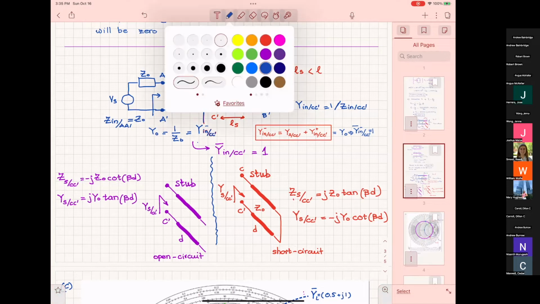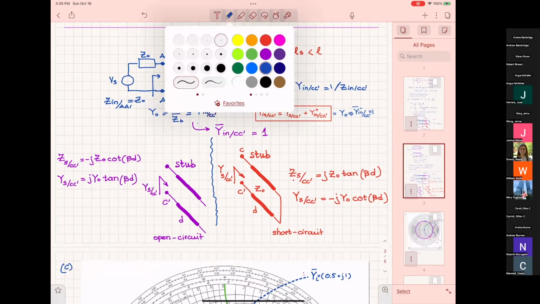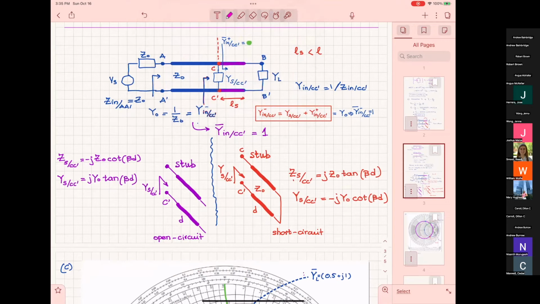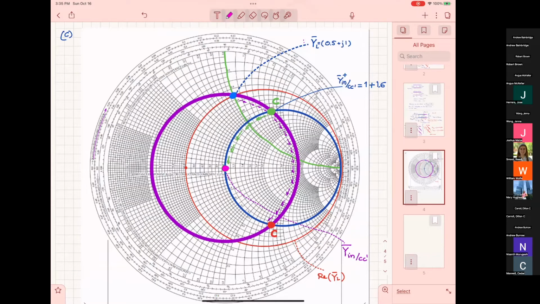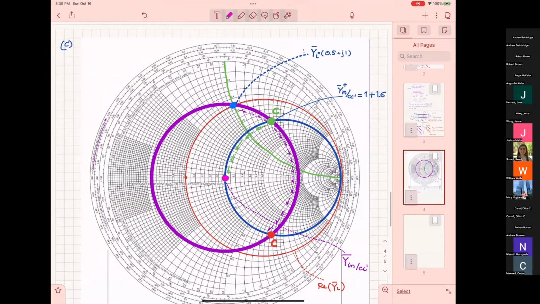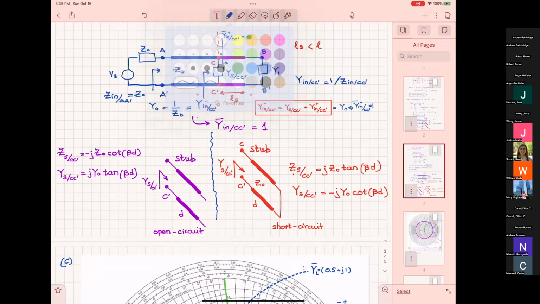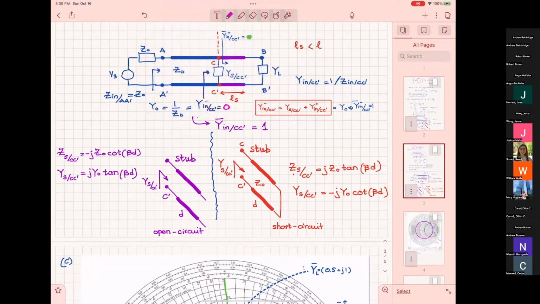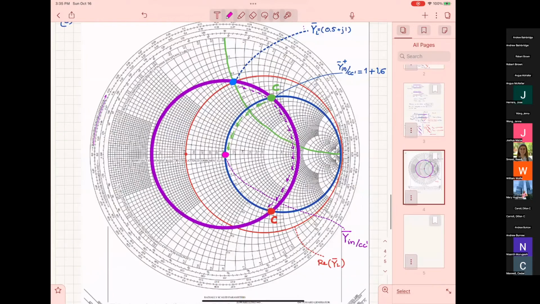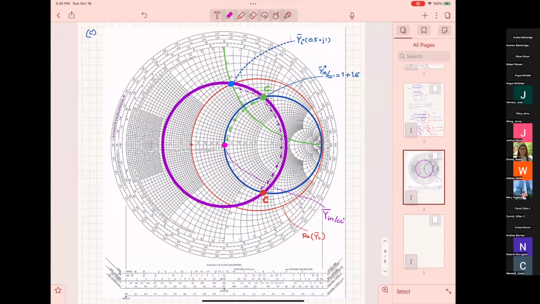let me give it a different color. Also, what color? This one. That's the center of the chart, this pink dot. So to go from the green to the pink, I just added a stub.